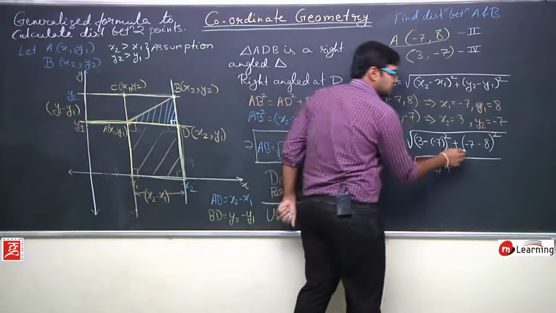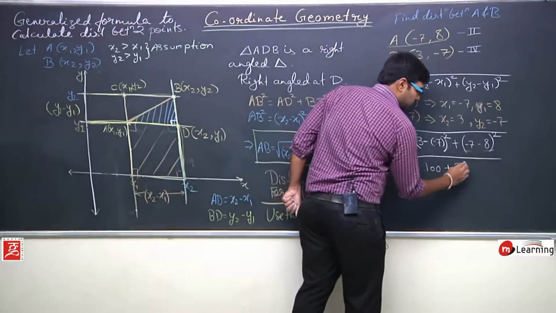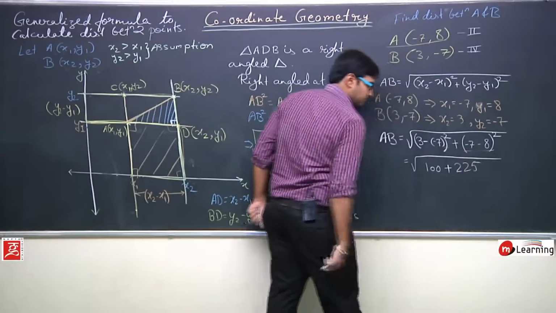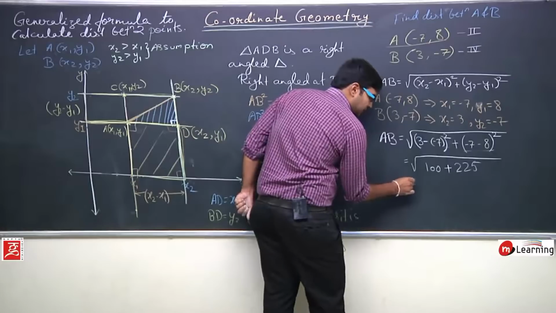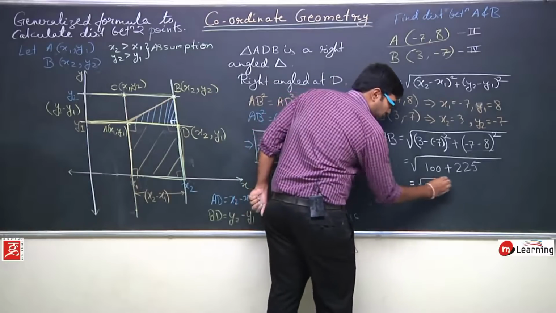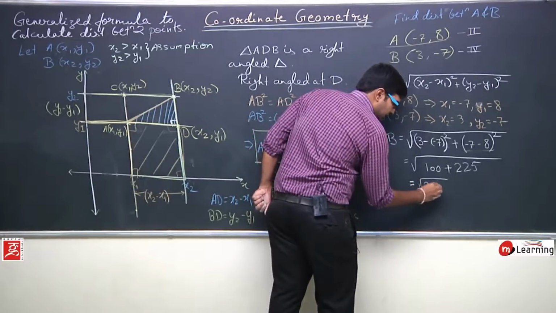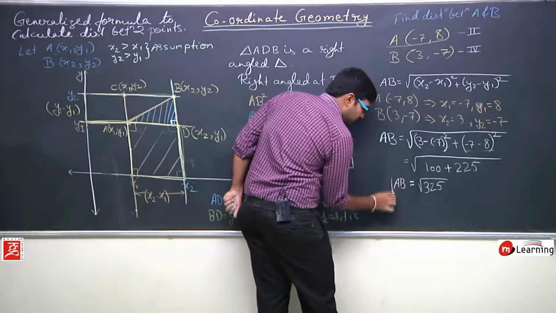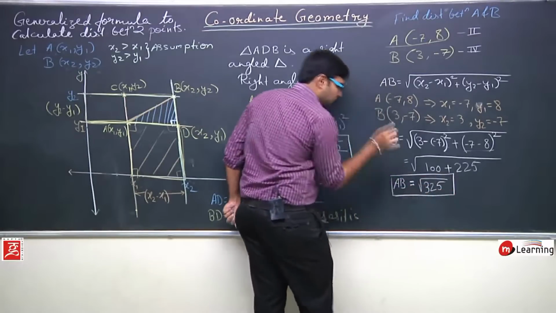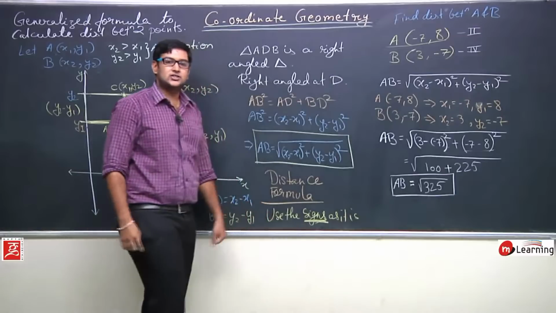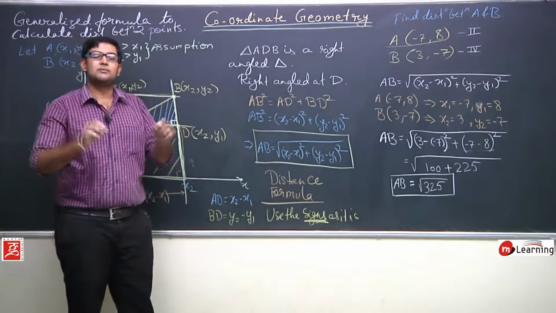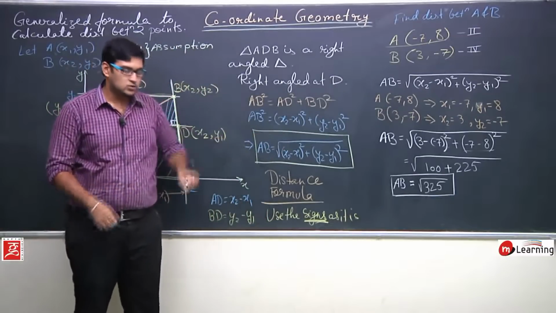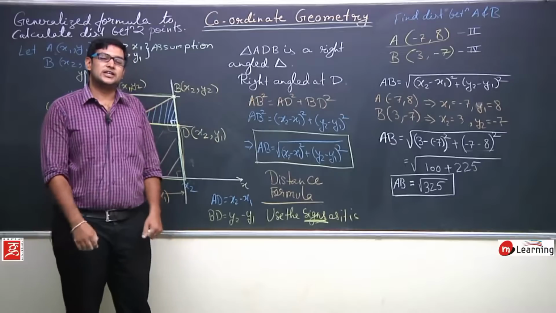So in place of this term I am going to write 225. So it will be 100 plus 225, root of 325, and this is the length of AB. What is AB? AB is the line joining A and B. So the length of AB is root of 325.